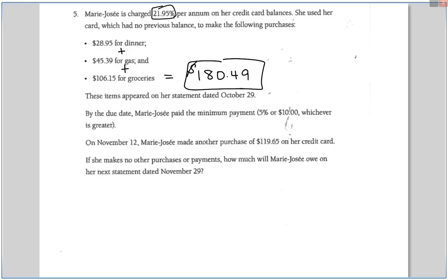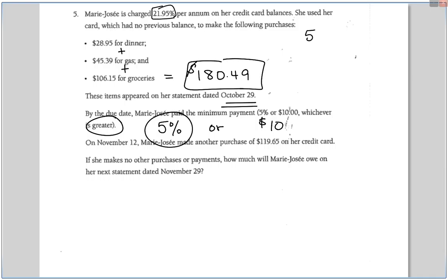These items appear on her statement dated October 29. By the due date, Marie pays the minimum payment, 5% or $10, whichever is greater. This is going to be a multiple choice question by itself. So finding percents.